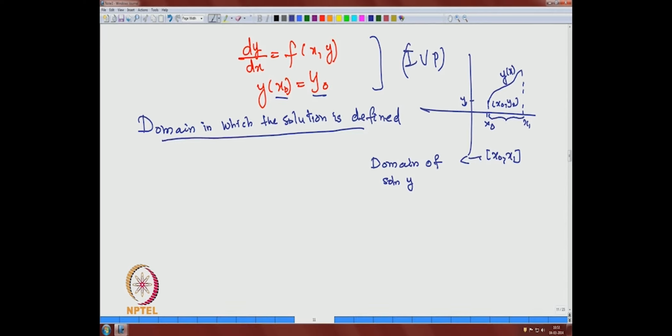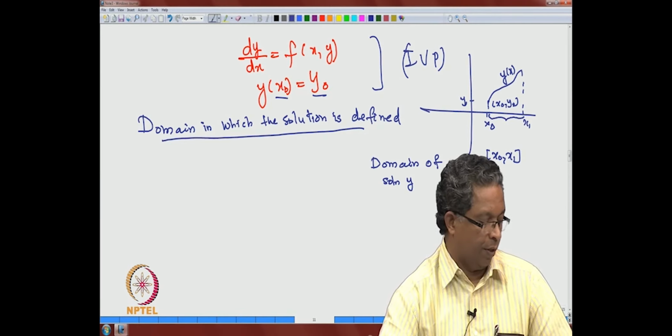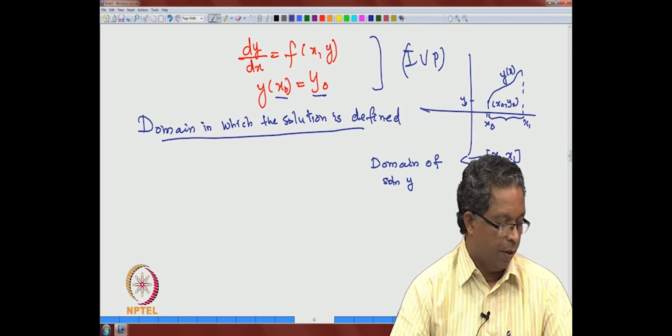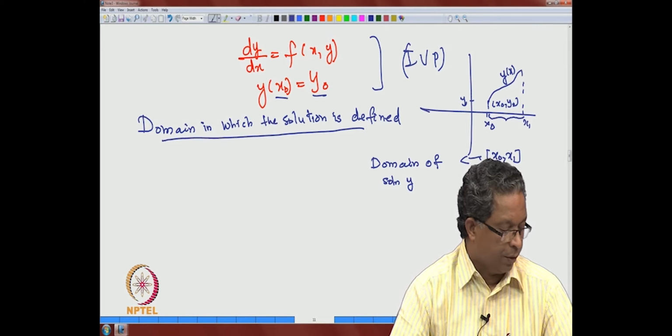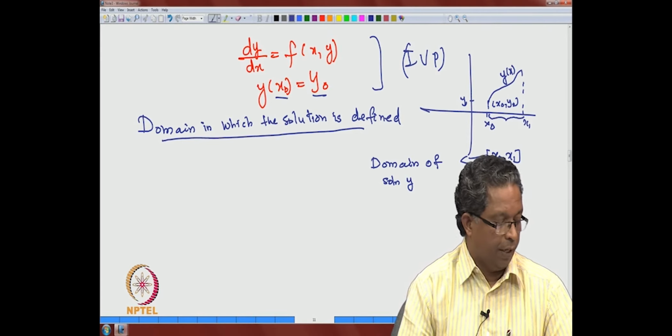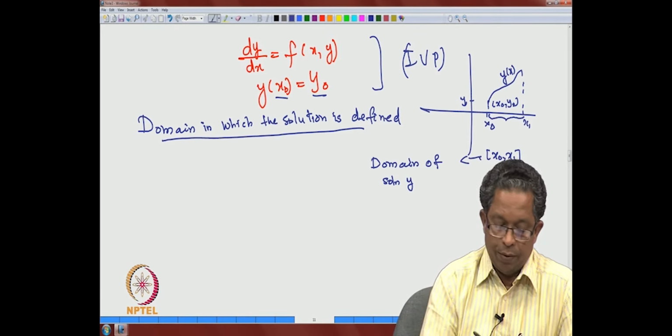And it can happen that the solution is defined on the entire x axis, and in some problems it is defined only on some small interval or only on some particular bounded set in the x axis. So, for that also we look into some examples.